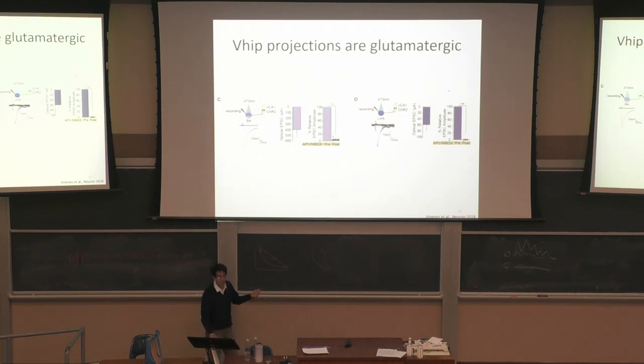So here they injected first channelrhodopsin in glutamatergic ventral hippocampal cells, and then those cells produce channelrhodopsin. Then their axon terminals also produce channelrhodopsin. Then their axon terminals go to faraway places like the hypothalamus and amygdala. And there are little axon terminals from the hippocampus that go to these regions that have now channelrhodopsin in them.